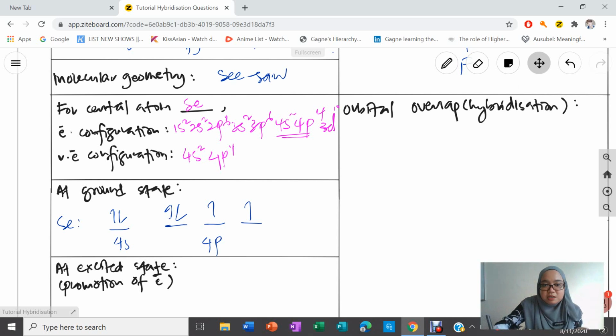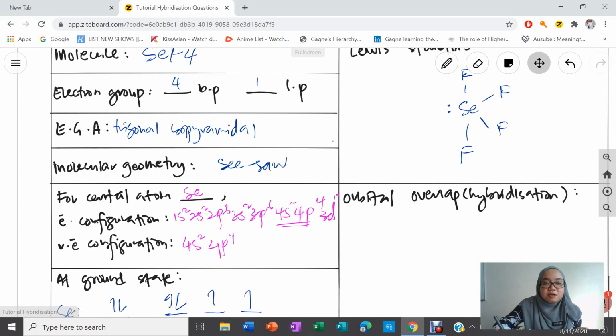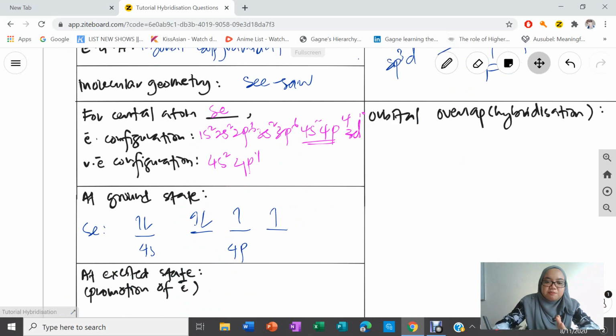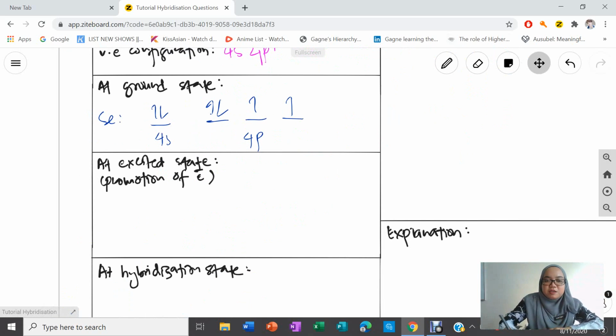Because if we see the shape of the molecular geometry is seesaw, it has five electron groups around the central atom. So the possible hybridization is sp3d. So there is d, so we need to expand our orbital.